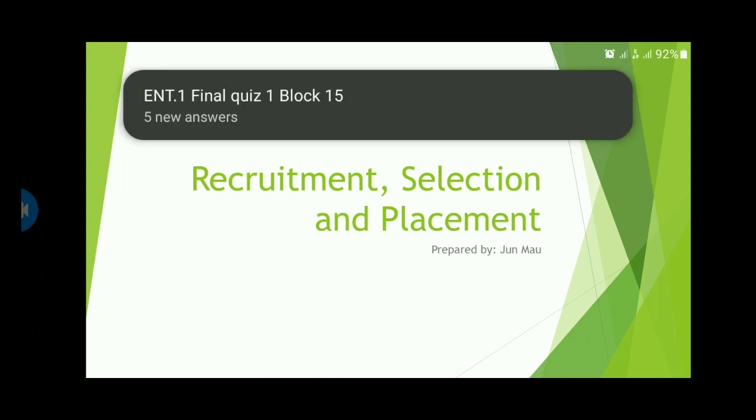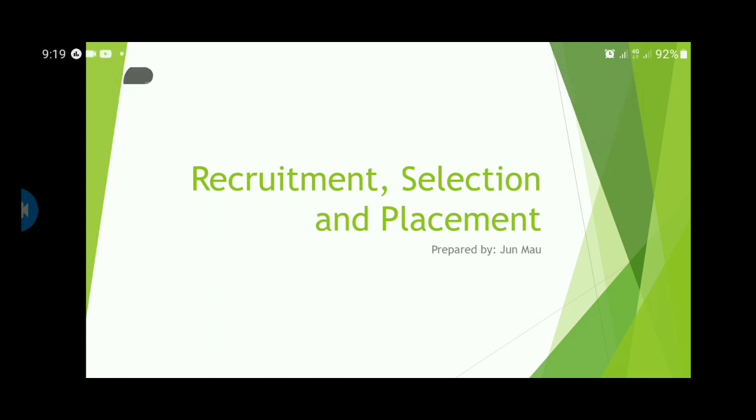So for the first place, we will define the meaning of HRM, or human resource management. Human resource management is the practice of recruiting, hiring, deploying, and managing an organization's employees.